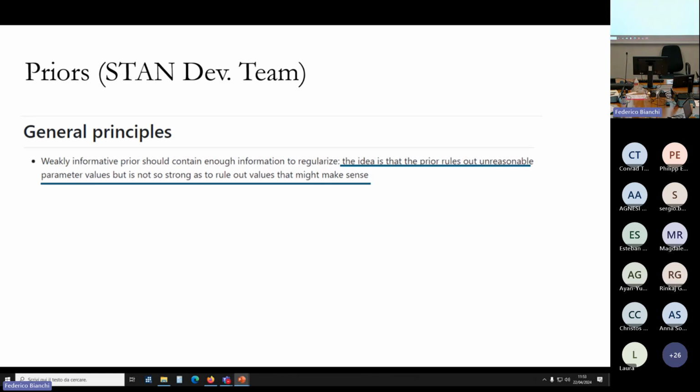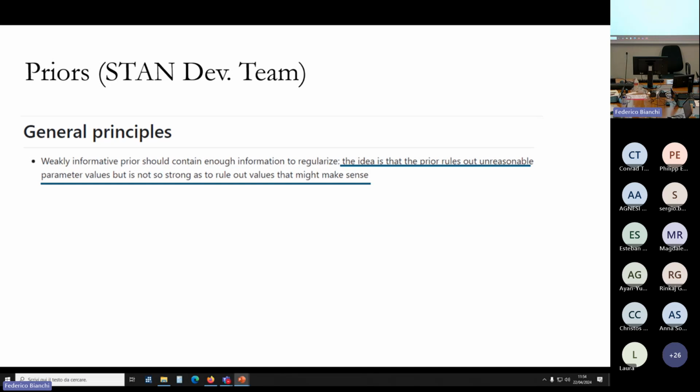With respect to the priors, we follow in our model, and this was my suggestion, the general principle from the Stan development team, for instance, Andrew Gelman and colleagues, to use what's called weakly informative priors. That is the idea that the priors rule out unreasonable parameter values, but are not so strong as to rule out values that may make sense.